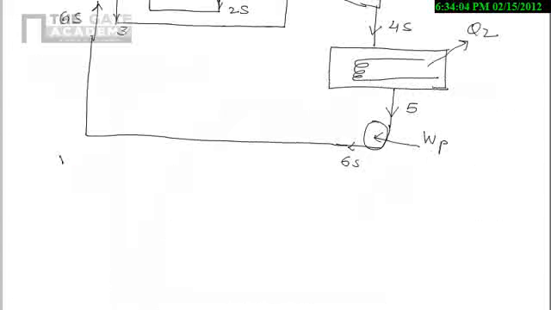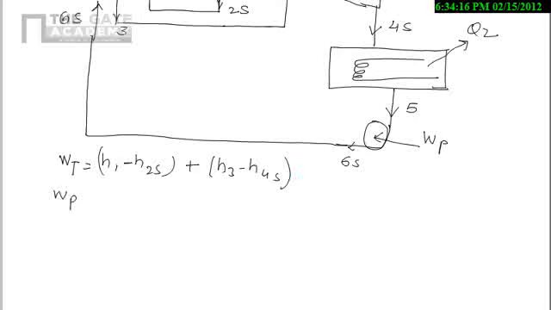So if I talk about turbine work, I can write H1 minus H2s plus H3 minus H4s. And if we talk about pump work, then it will be H6s minus H5. So in that case, the net work output will increase.